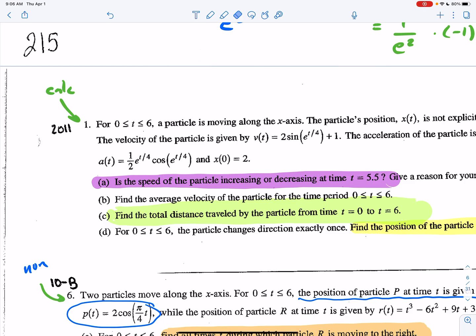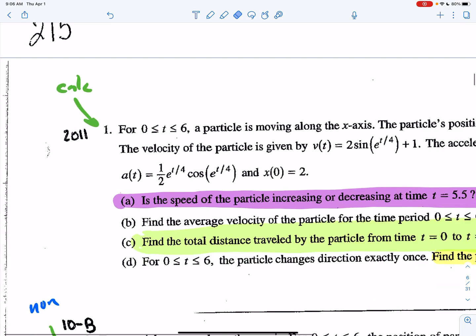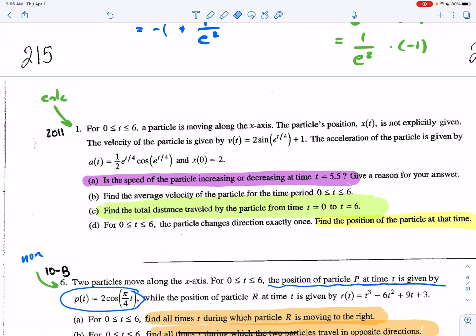You notice that it's a number 1 right there, so you know it's calculator active. Go ahead and do part A. Press play if you need assistance or whenever you're done. So here it says, is the speed of the particle increasing or decreasing at t equals 5.5? So remember, if you want to know if speed is increasing or decreasing, you have to check the velocity and acceleration.